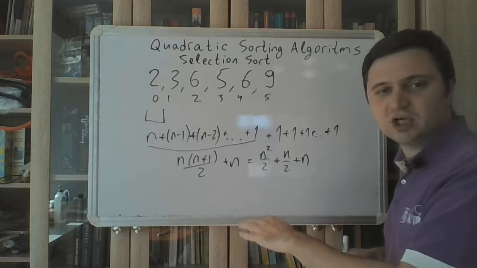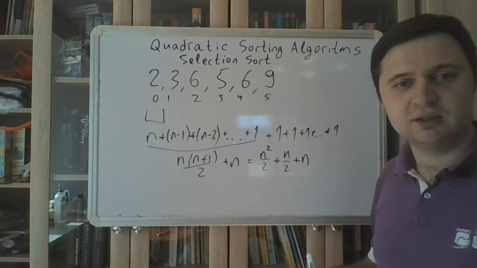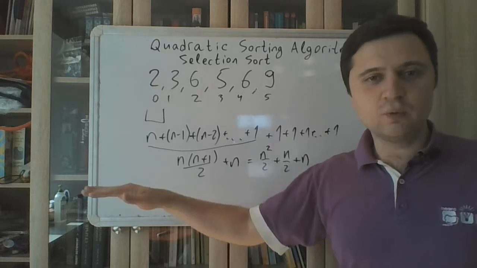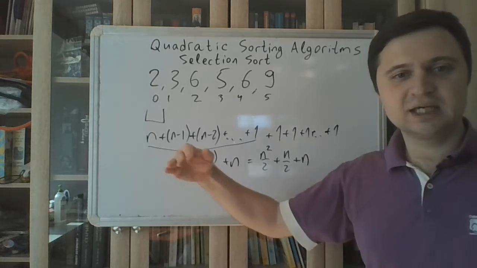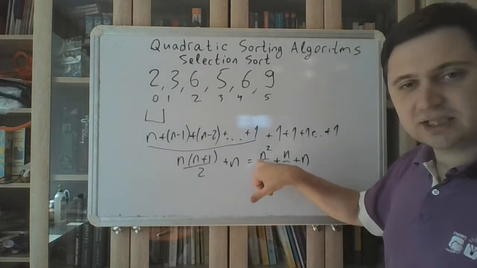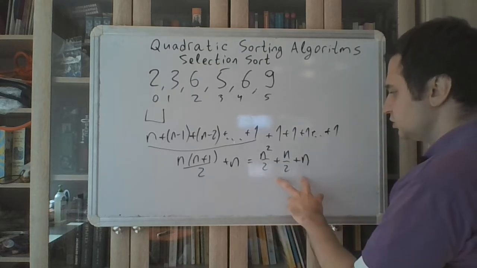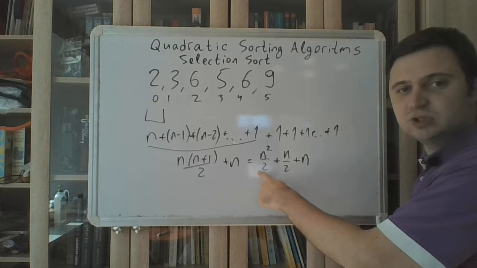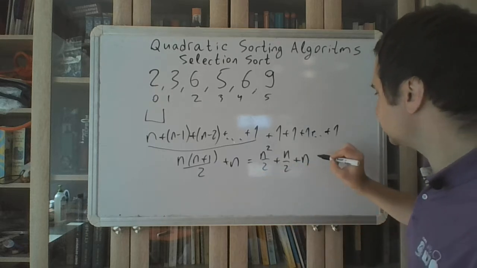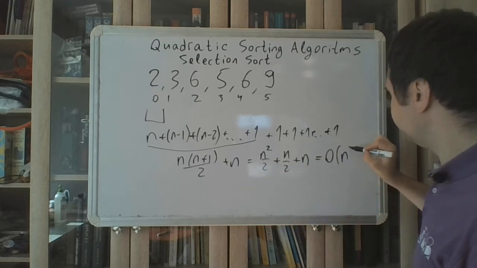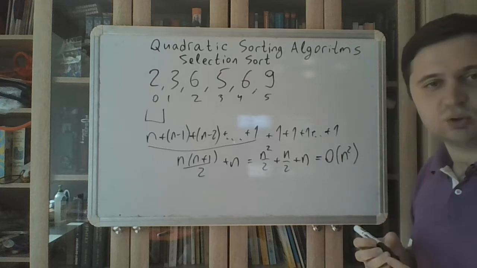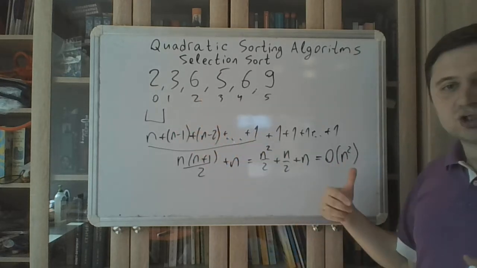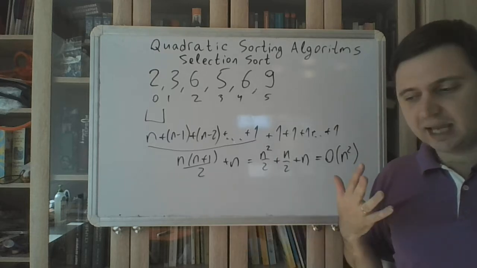So the growth of this formula is quadratic when n grows. These terms don't really matter. This dividing by 2 doesn't really matter. So the working time is O large of n squared. The asymptotics of this time is that it grows quadratically as n grows.